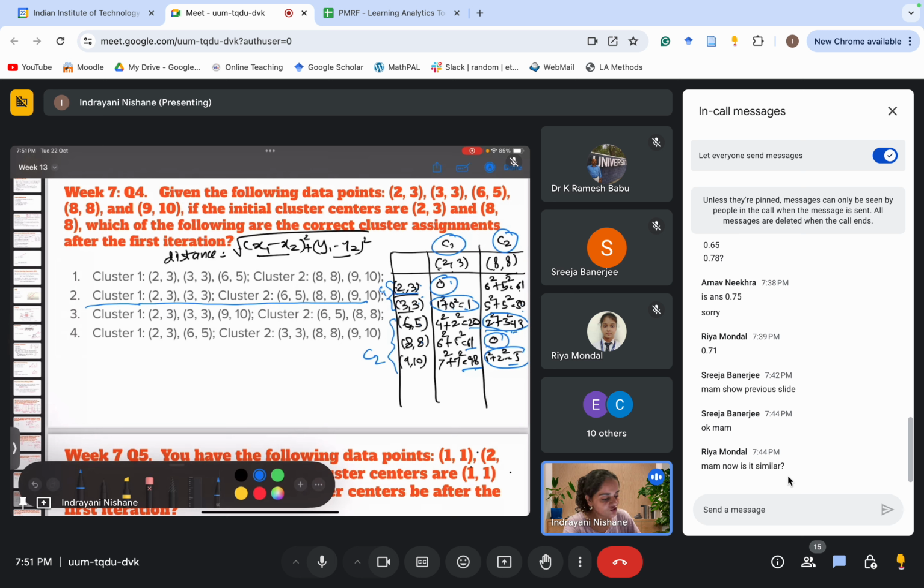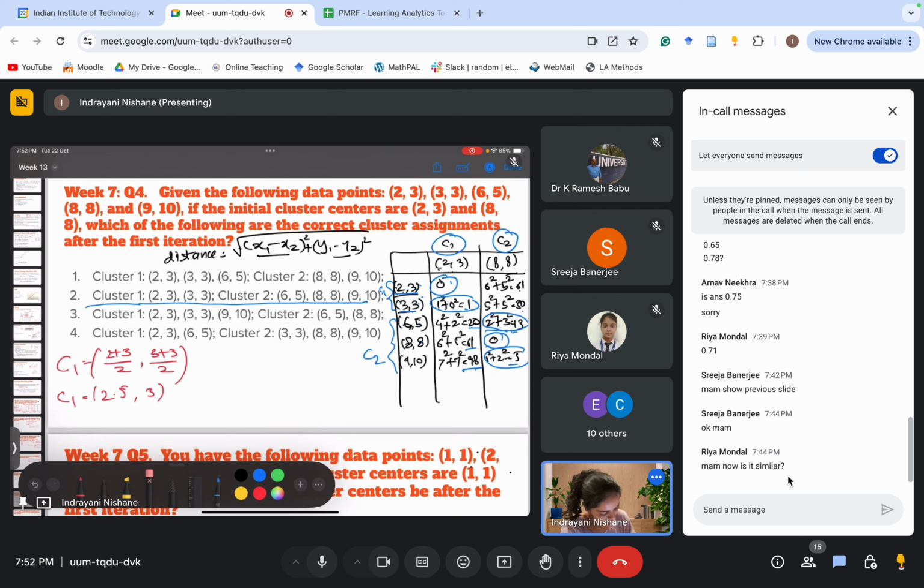Since these 2 points are in one cluster, we will average the x coordinate and y coordinate of these 2 points. So 2 plus 3 divided by 2 and 3 plus 3 divided by 2, which will be 5 by 2, 2.5, comma 3 is the new C1.